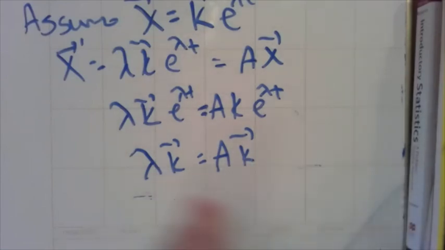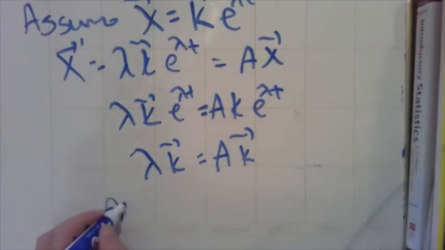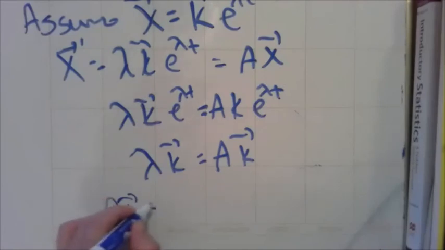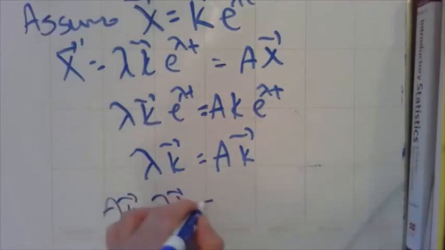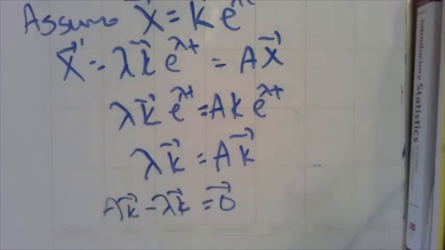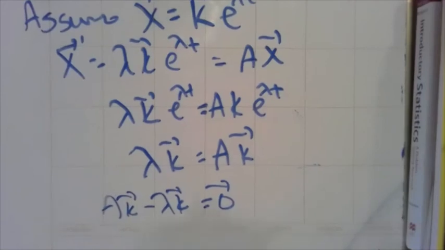So we're going to do a little bit of matrix manipulation here. I'm going to move everything over to one side. A K minus lambda K must be the 0 vector. I'm going to factor that K out, but in order to factor it out, I have to stick in an identity matrix here.